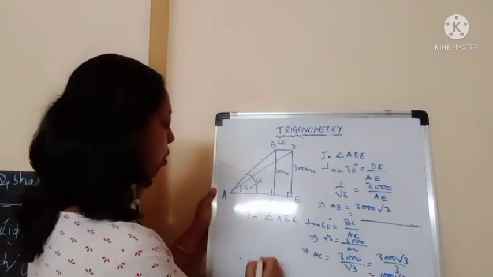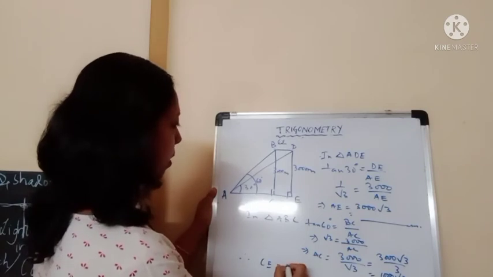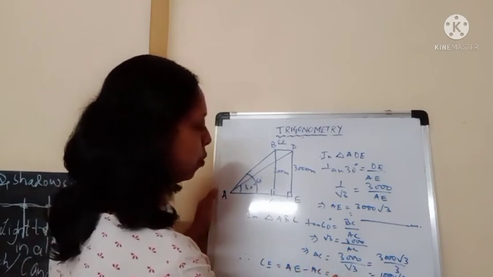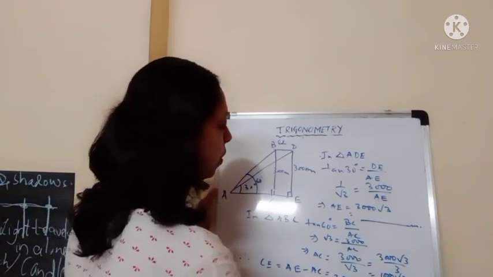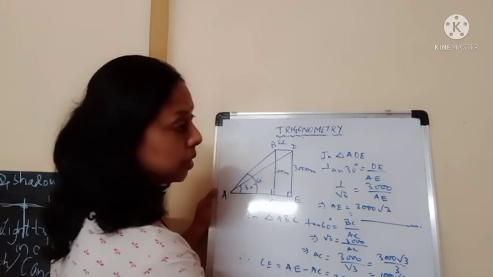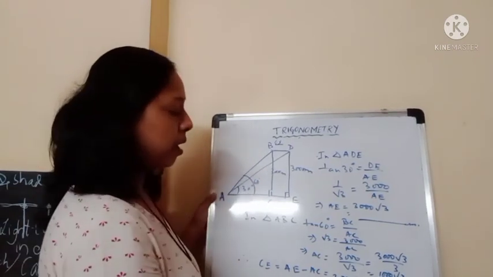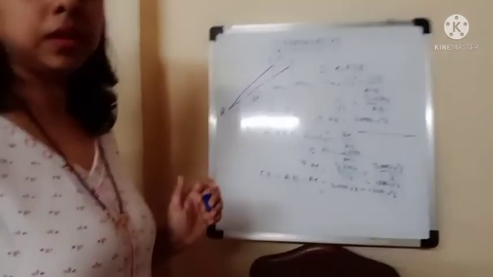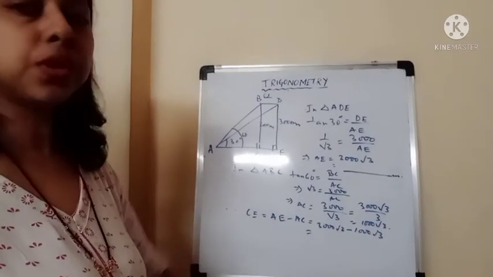So therefore CE will be equal to AE minus AC, which is 3000 √3 minus 1000 √3. We can subtract these two directly without multiplying with √3. So it is coming out to be 3000 minus 1000, that is 2000 √3.